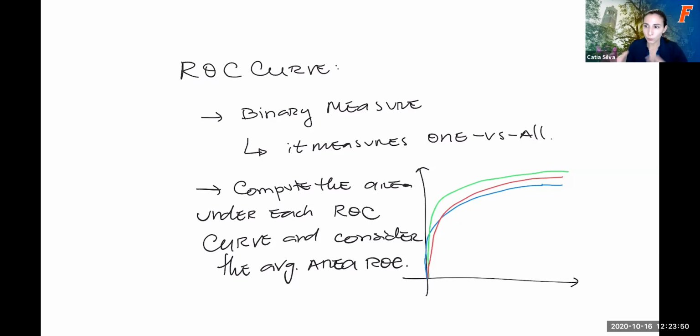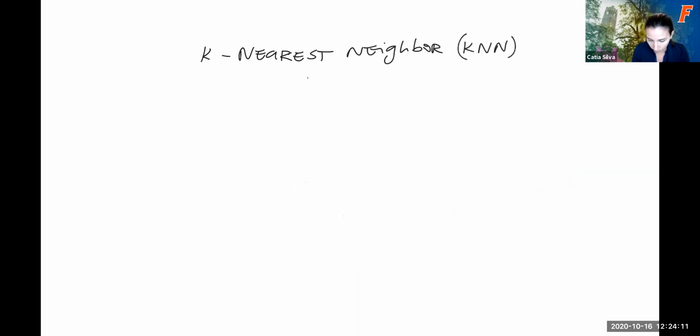Now we're going to switch back to classification, and we're going to introduce a new classification algorithm called the K nearest neighbor, or KNN algorithm.